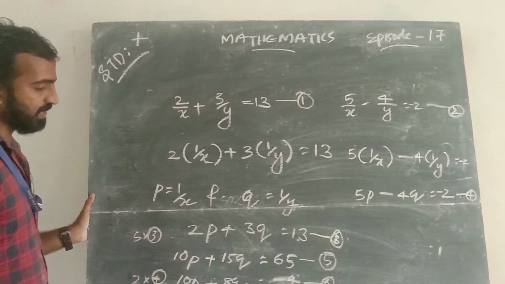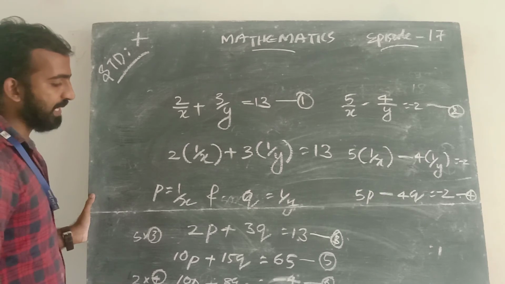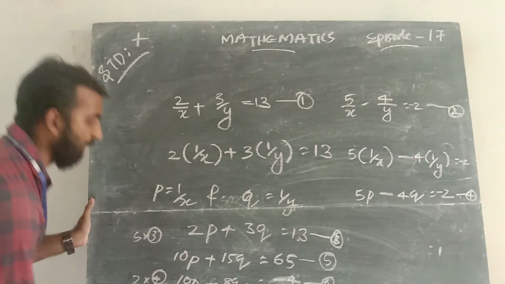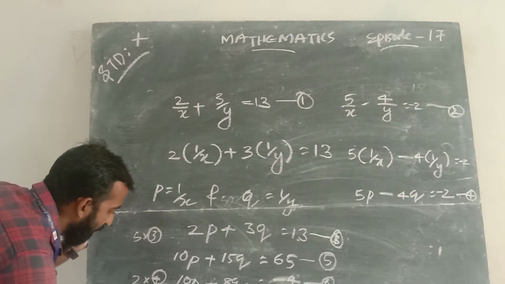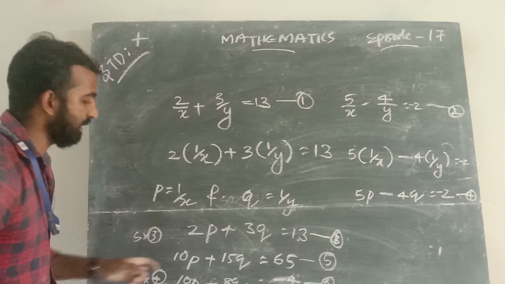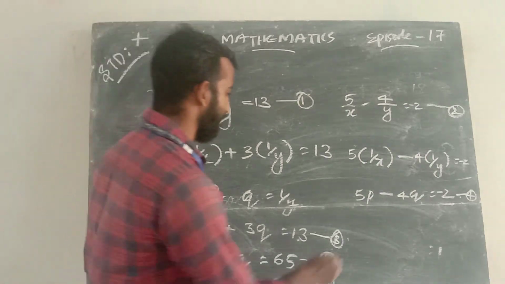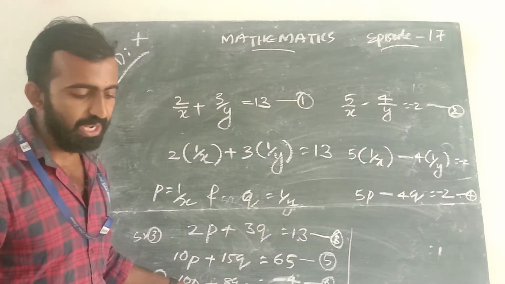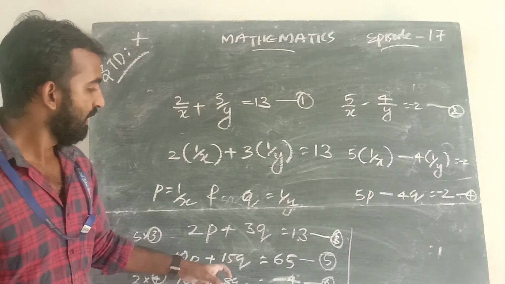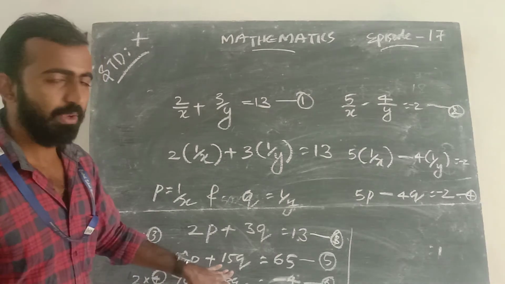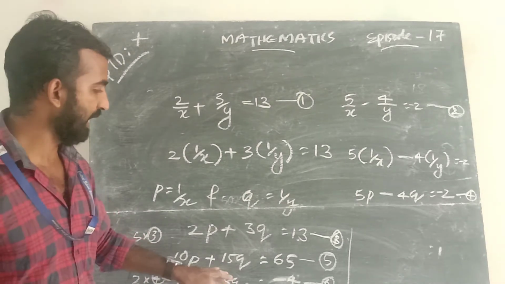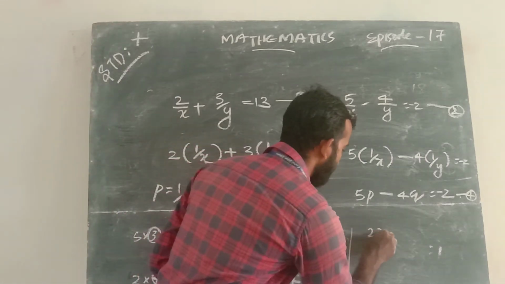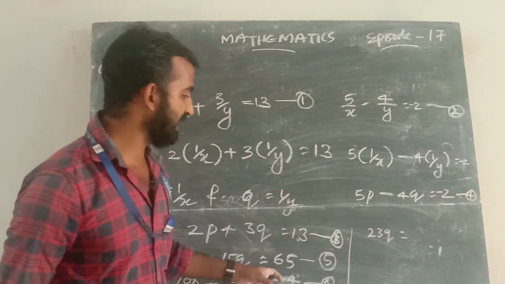When we take the difference of these two, equation number 5 minus 6, we get 10p minus 10p, that is 0. And 15 minus minus 8, that is 15 plus 8, we get 23q equal to 69.